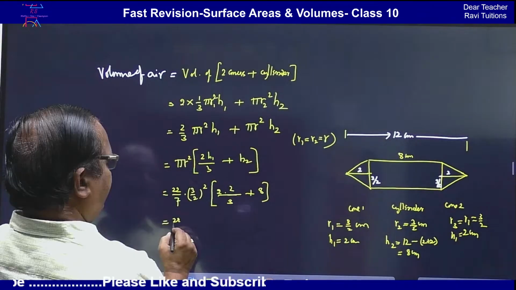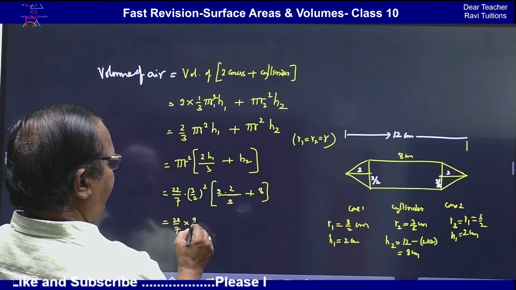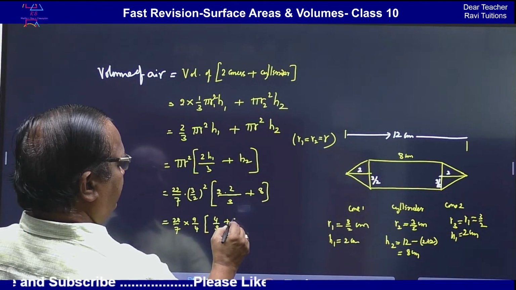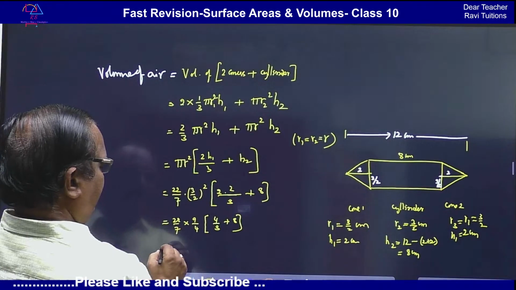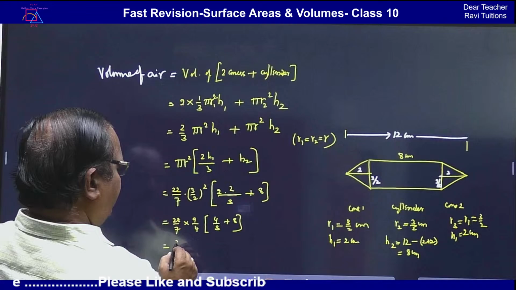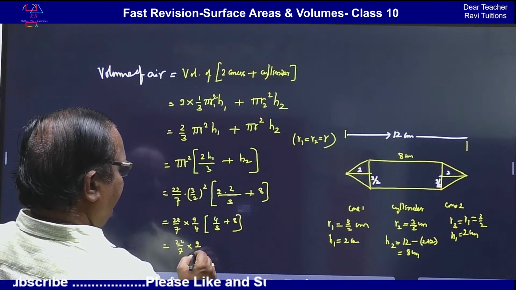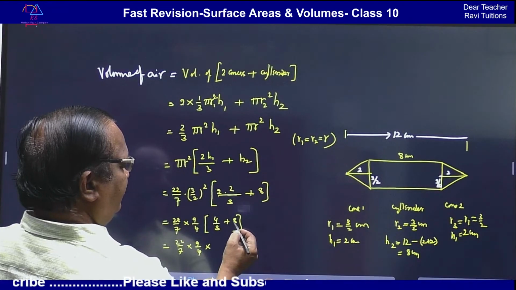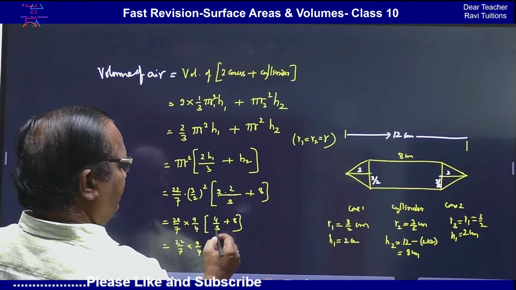So 22 by 7 into 9 by 4 into 4 by 3 plus 8. So now 22 by 7 into 9 by 4 into, 3 4s are 24, 3 8s are 24 plus 4, 28, 28 by 3.